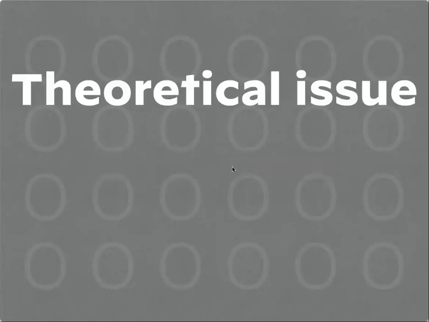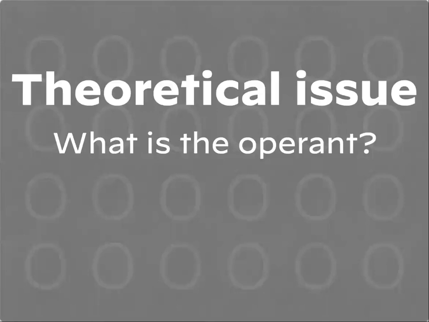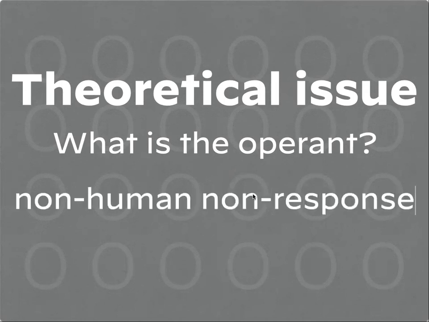Theoretically, we need to think, what is the operant response that we're looking at? Hursh and Silberberg, in the original formulation of the exponential model, were looking at aggregated response patterns from non-humans pressing levers and earning rewards. In that case, a non-human non-response is not a response.